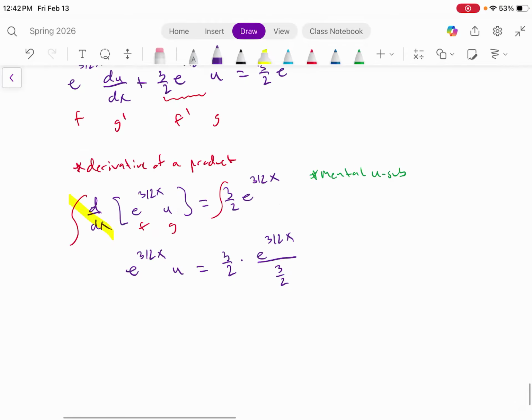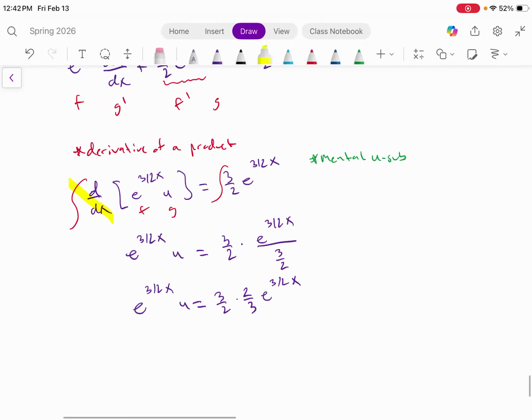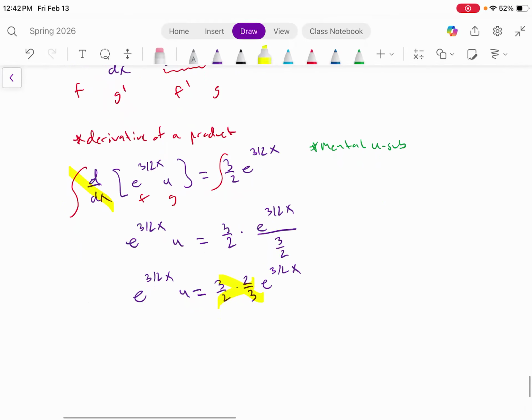So what this ends up being is e to the 3 halves x times u equals 3 halves times 2/3 e to the 3 halves x. And that works out nicely. Constants cancel out. So e to the 3 halves x times u equals e to the 3 halves x.